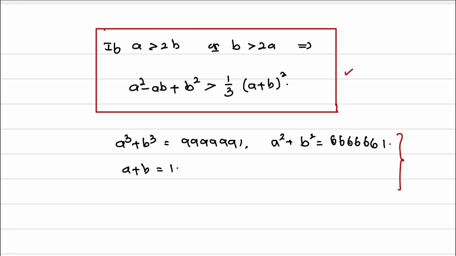Then for these three equations to be satisfied, there should be some values of a and b separated by unity. That means a is equal to 1 minus b. Because b is always greater than 0 and also b is a big number, when b is a big number only, a will be a big number.